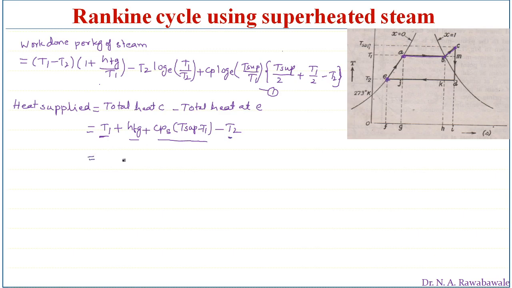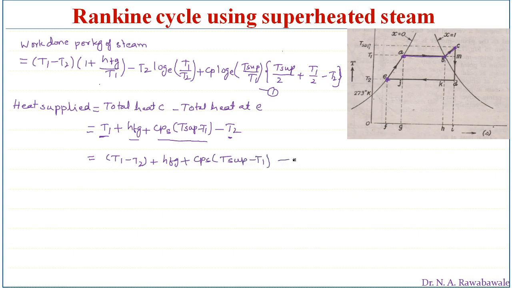On further simplification, this can be written as T1 minus T2 plus HFG plus Cps into T sub minus T1.